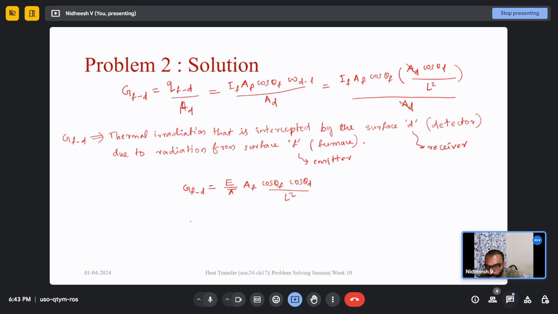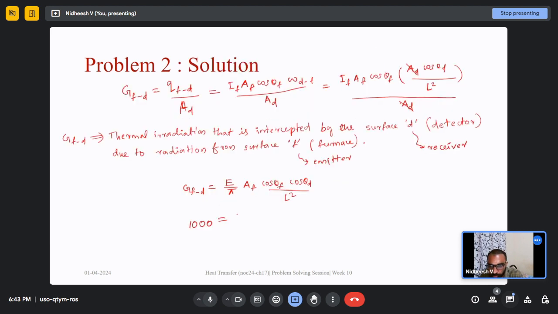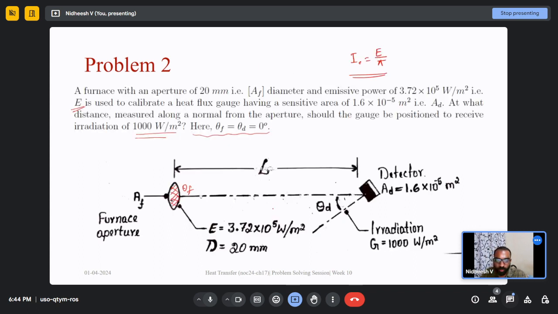We need 1000 watts per meter square irradiation, and E is given to us as 3.72 into 10 power 5 watts per meter square, by pi, and area of furnace. What is the area of furnace? Okay, wait, did we miss something here?